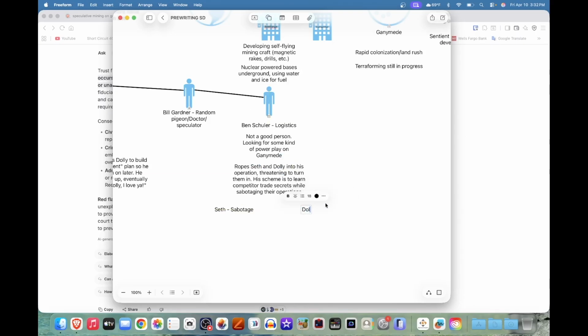Dolly, secrets. What I'd like to see is that Dolly gets involved with maybe the family of one of the competitors. Let's see here. Insinuate herself into the life of the competitor's family. Competitors, owners.